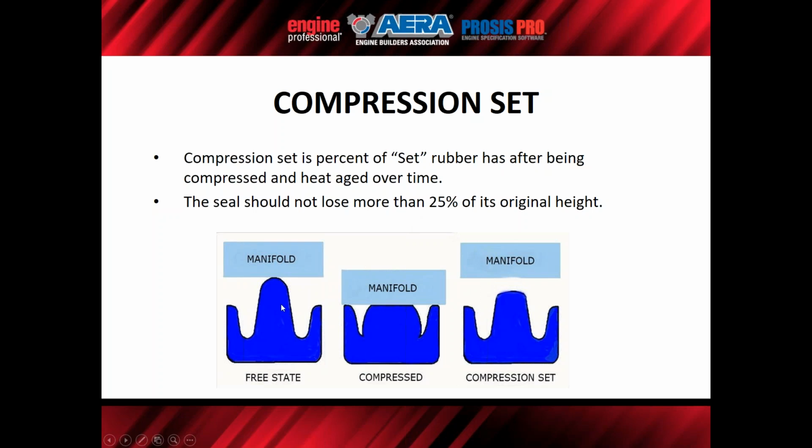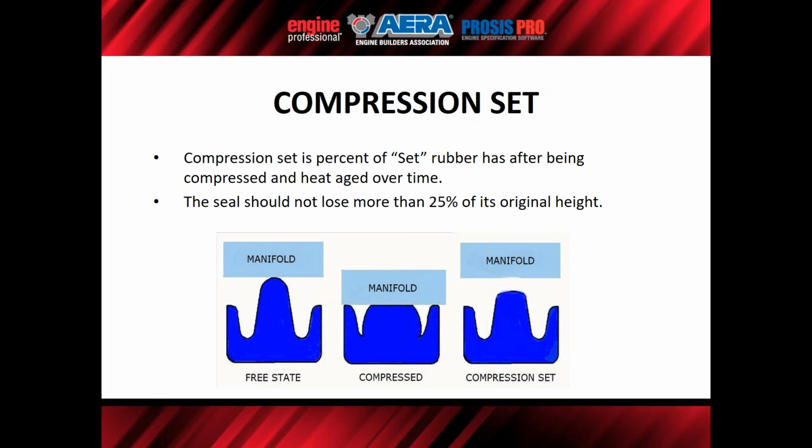All of these seals are designed to provide a specific amount of load to seal the fluid or the medium that's there. The engineers have, through testing, determined that 25% compression set is acceptable and still provides enough load to seal.